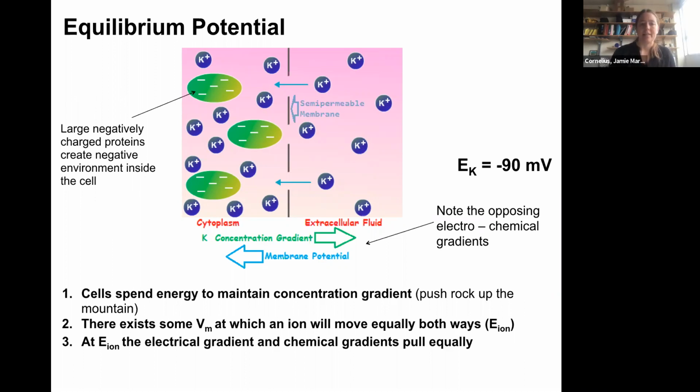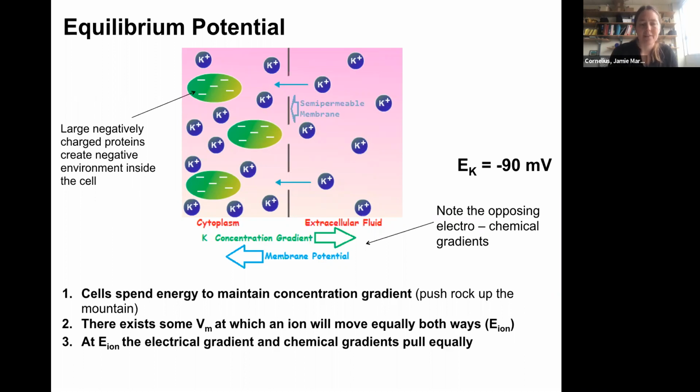And the cell does work to maintain that concentration gradient. It is equivalent to pushing a rock up the mountain because the inside of the cell is negatively charged. So if you want to hold potassium inside the cell, you're going to have to limit its permeability. So there exists some membrane potential at which an ion will move equally in both directions.